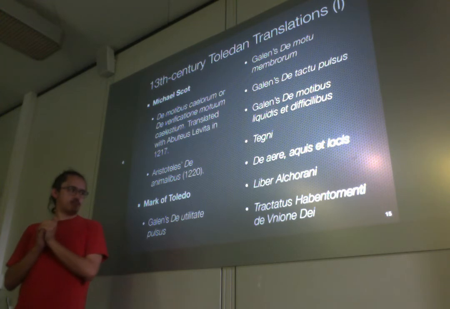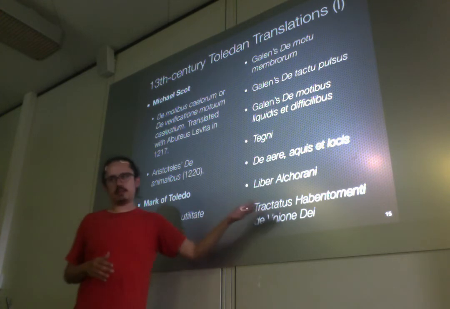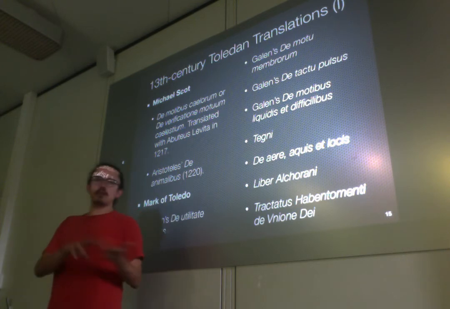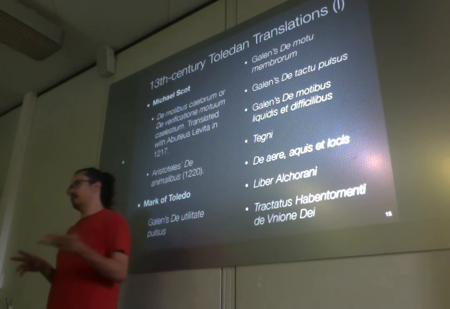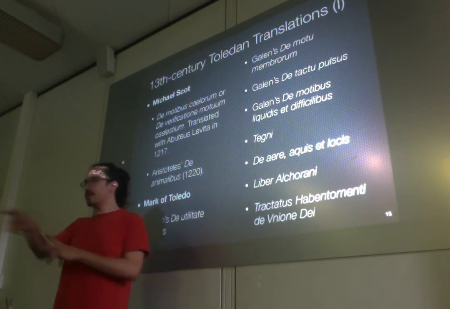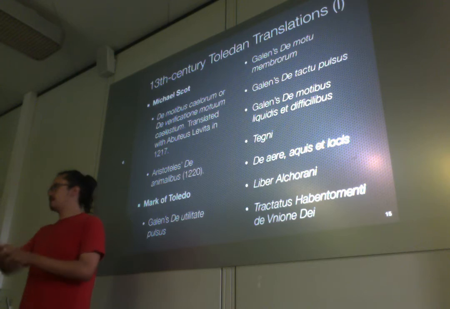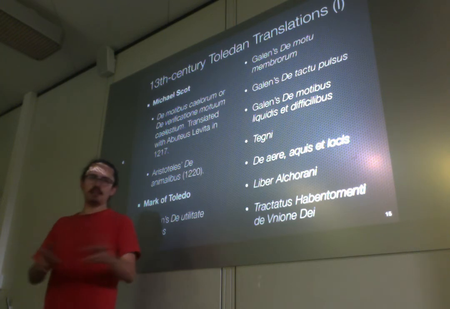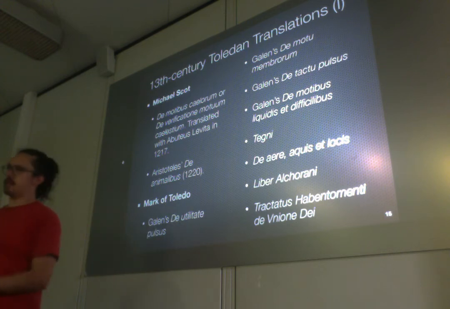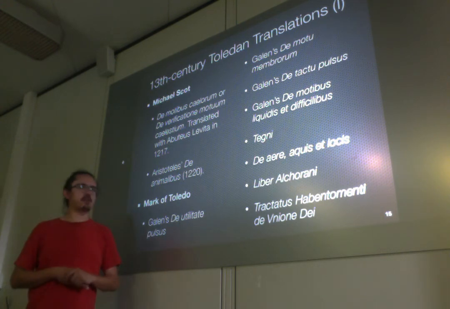So, and he translated Ibn Tumart's treatise. So both Robert and Mark, but mostly Mark, were in the midst of these political problems between the Arabic, Islamic, and the Latin Christian spheres.